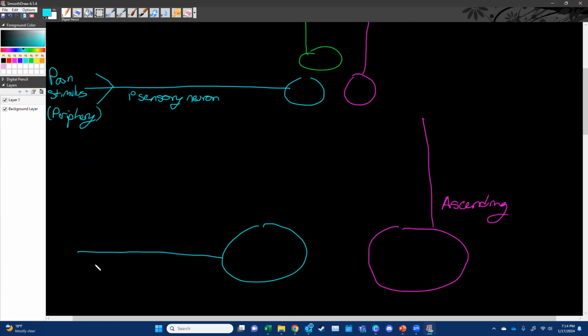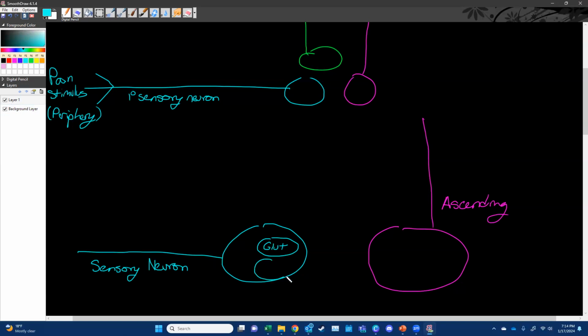Looking more closely at how the ascending and the sensory neuron are interacting, we can see how the sensory neuron is releasing primarily 2 substances. The first substance is glutamate.